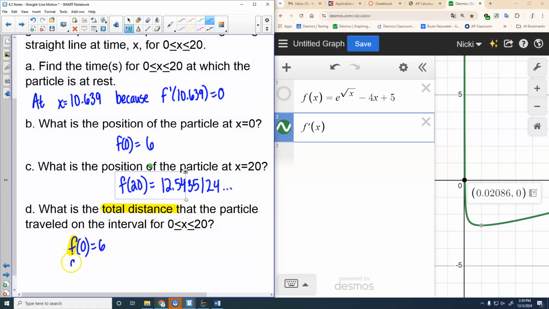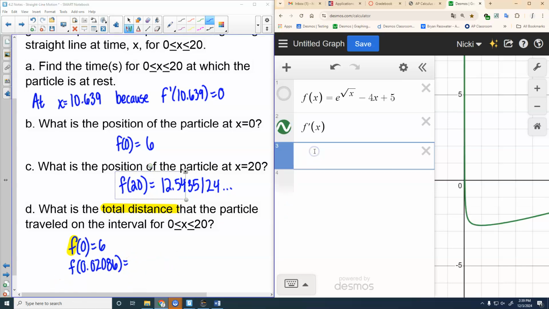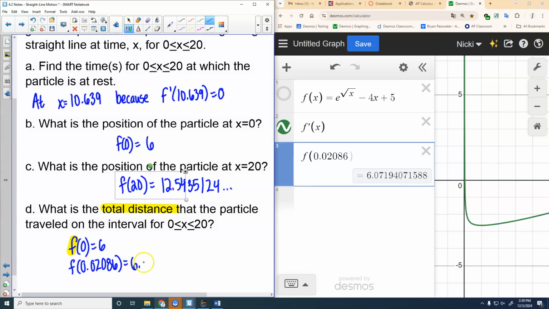That's where we started from. If I do f of 0.02086, let's see where that is. I get 6.0719 there, right?